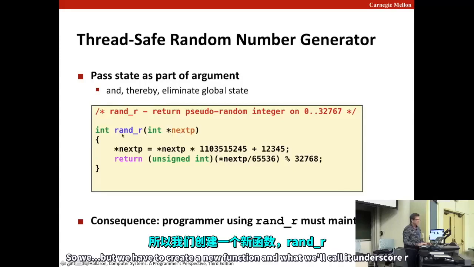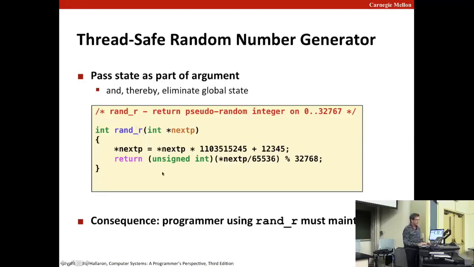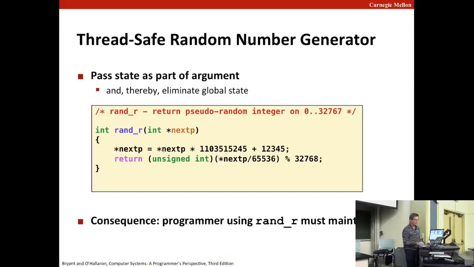But we have to create a new function, and we'll call it with an underscore R. This stands for reentrant, which is a property we'll look at in just a second. But it's more work for the programmer, because now the programmer has to maintain this next value.